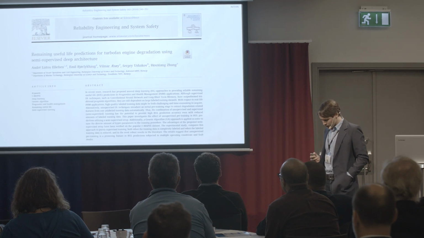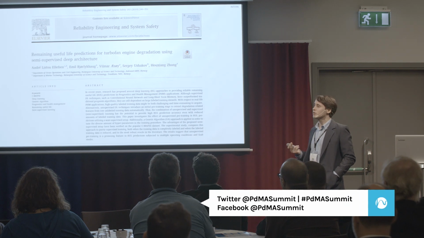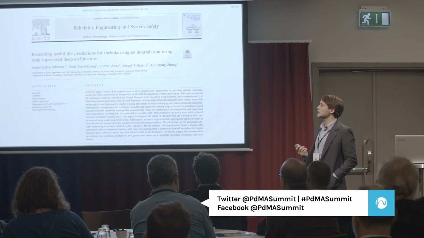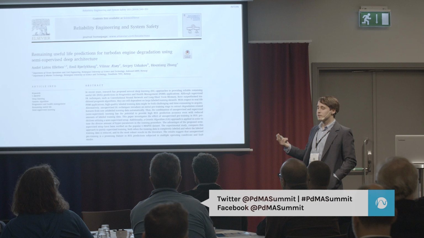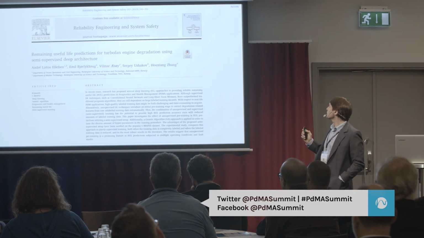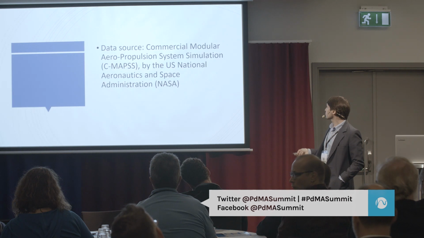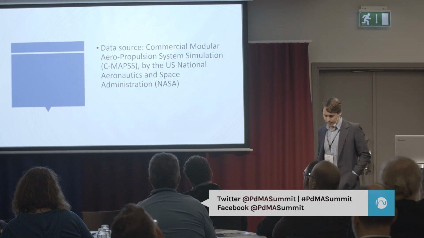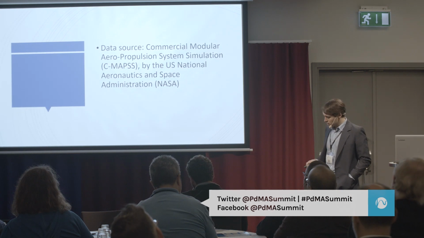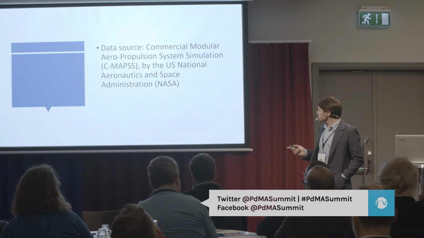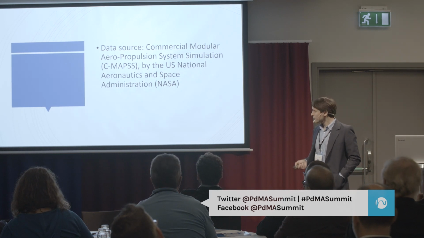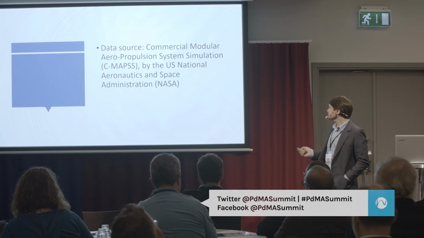Basically, what they propose here is a semi-supervised architecture for predicting the remaining useful lifetime of turbofan engines. The data source they use is C-MAPSS, the Commercial Modular Aero-Propulsion System Simulation by NASA, which is a publicly available data set.